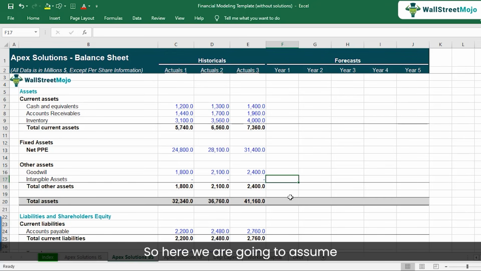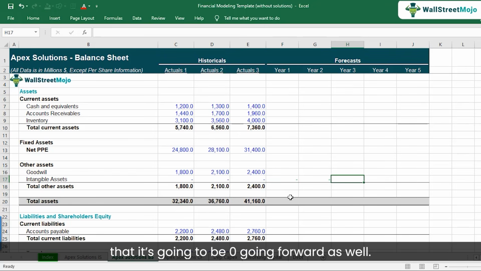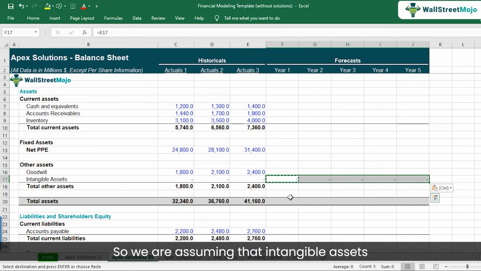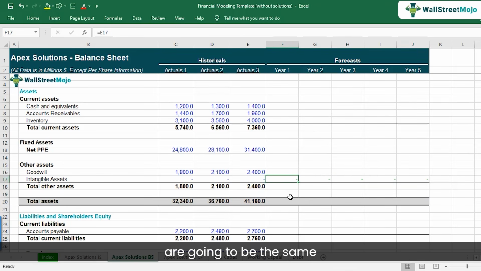So we are going to assume it's zero going forward as well. Maybe we'll just keep it as the previous line. So we assume intangible assets stay equal to zero for the future years.